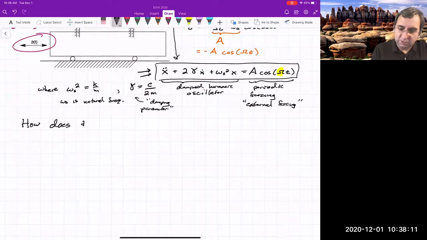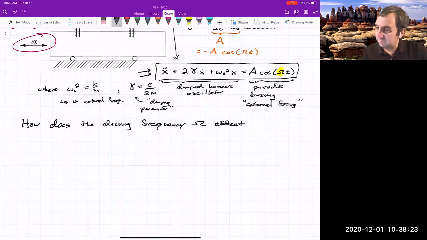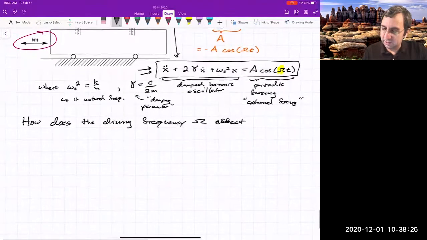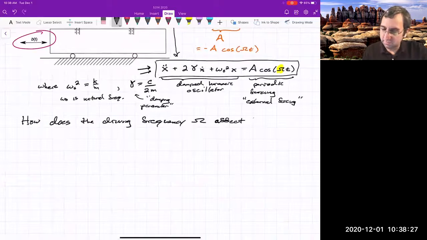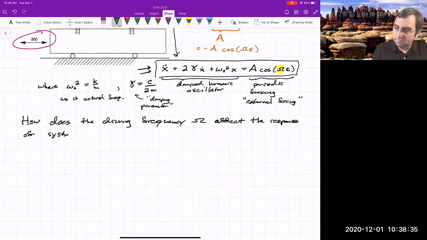How does the driving frequency affect the response of the building, or let's just say the system?